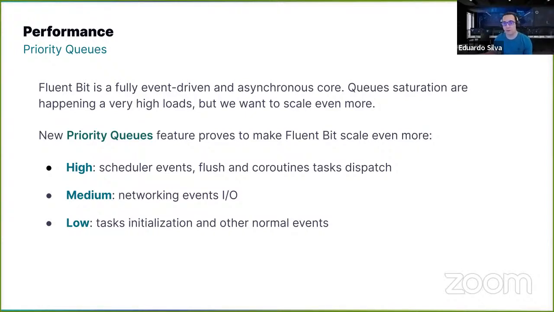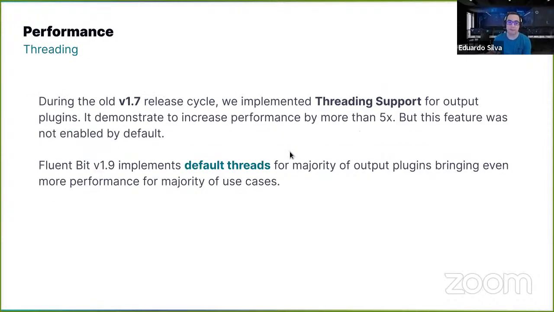So if you run Fluent Bit at very high scale, you might notice some performance improvements and lower resource usage when processing those events. As I said, also in the Fluent Bit 1.7 cycle, which is the old version, 1.7, we have 1.8, we implemented threading support for the output plugins, but this was enabled on demand by the user. So you got the configuration and you have to enable it.